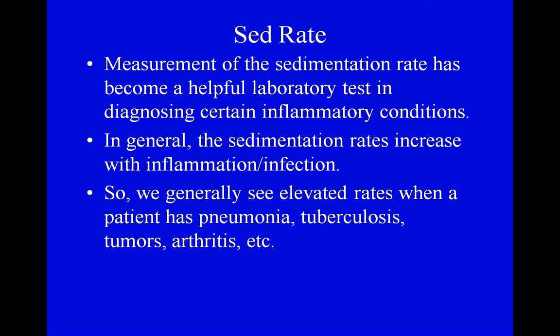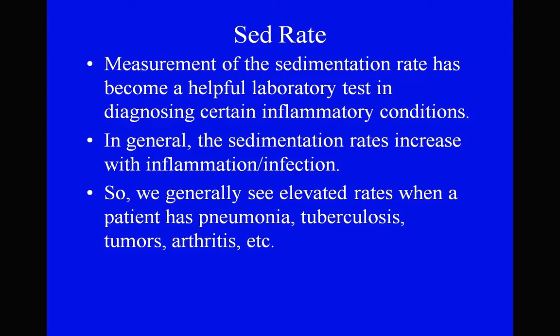It's one where the body kind of has an immune reaction to itself. If you have lupus, we give you anti-inflammatory drugs. So what if your sed count is really, really low? Well, maybe we could back off on your medications a little bit. If your sed count was really high, then we know we need to give you more of those anti-inflammatory medications.